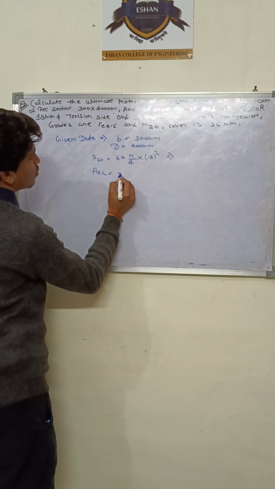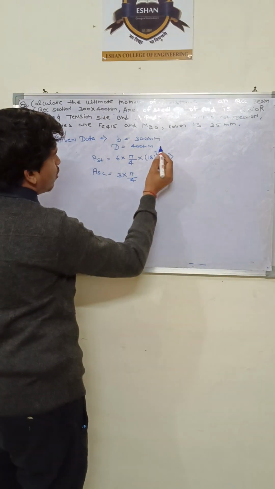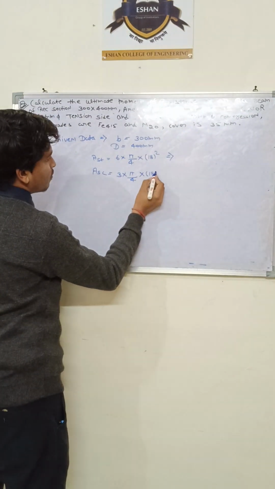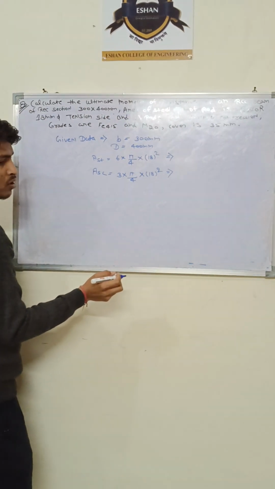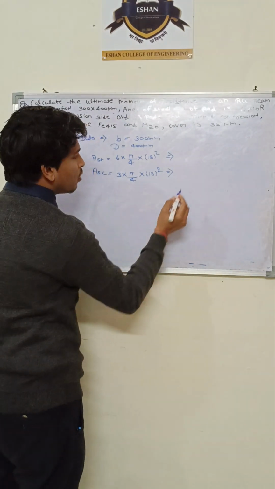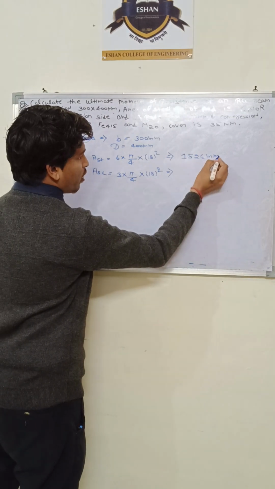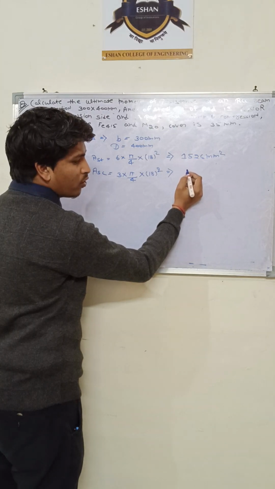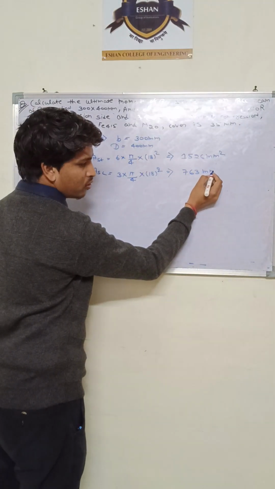The circular section area is pi by 4 d square, with dia 18 mm. When you calculate, you get Ast as 1526 mm square, and Asc as nearly 763 mm square.